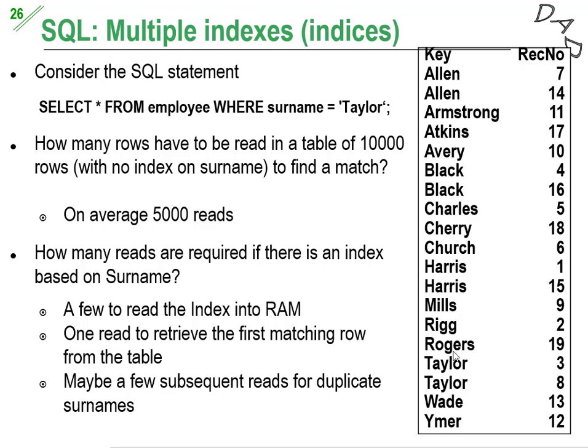Once it locates the first Taylor, it will do another search in the index, the upper record and the lower record, to see whether another Taylor is there. If another Taylor is there, it will go on like that.